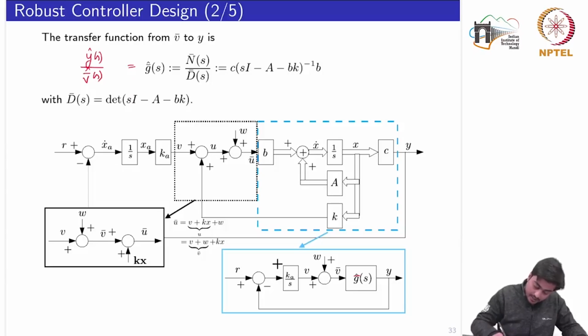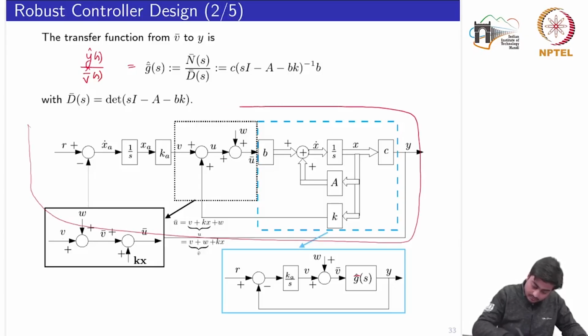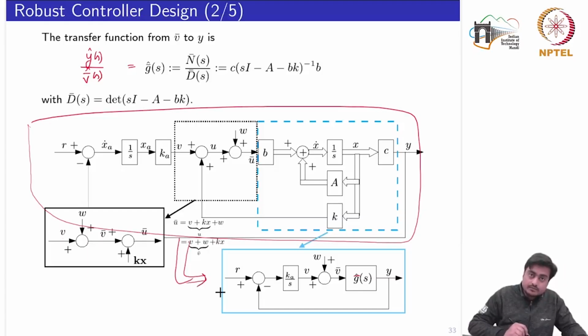We combine this K by S, whose output is V now, and the inclusion of this W and this output. So this overall block diagram can be simplified to this one, where G bar hat already includes the state feedback K, the feedback from the X.